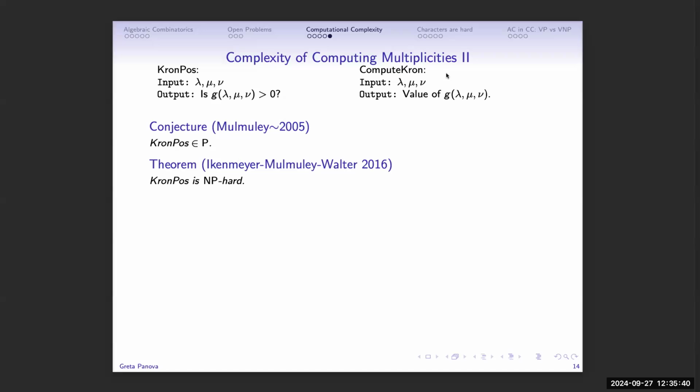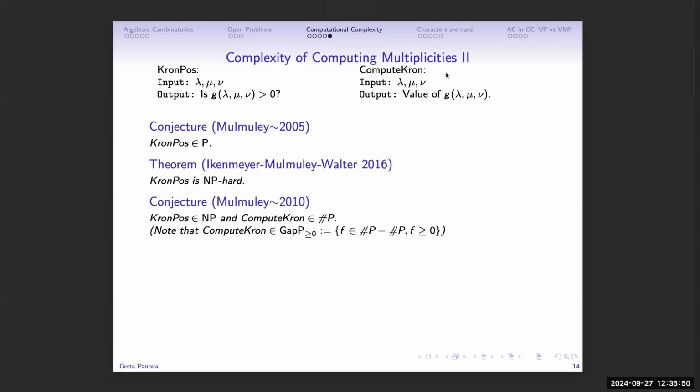But we don't know if it is in NP, in the sense that if it's positive, we don't have an object to prove that it's actually positive. So then he went further to conjecture that it is going to be in NP, and that there is going to be a combinatorial formula that would put the Kronecker problem in Sharp-P. We should say that the Kronecker coefficient we can already write as the difference of two things that are in Sharp-P.